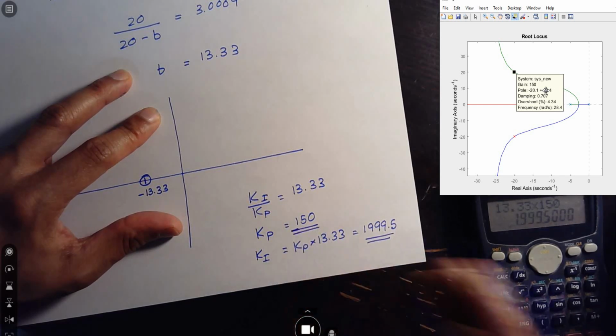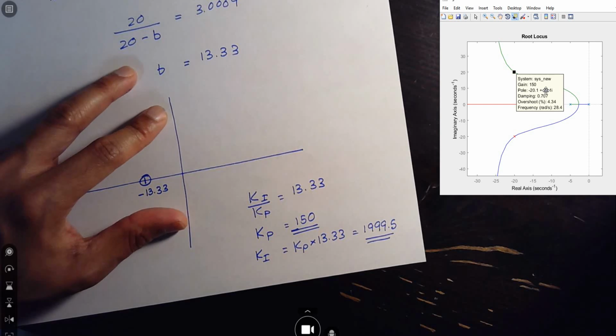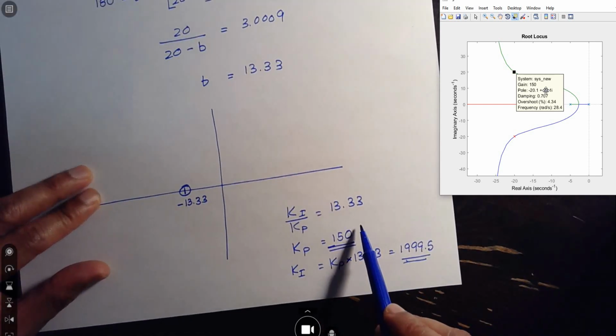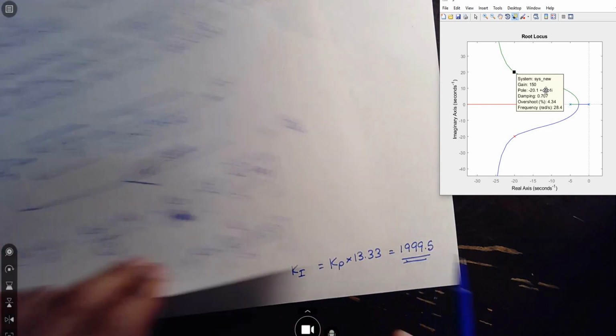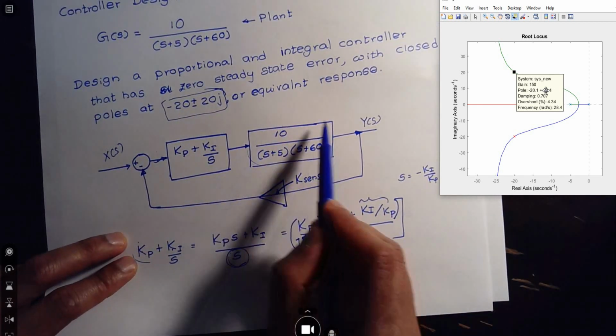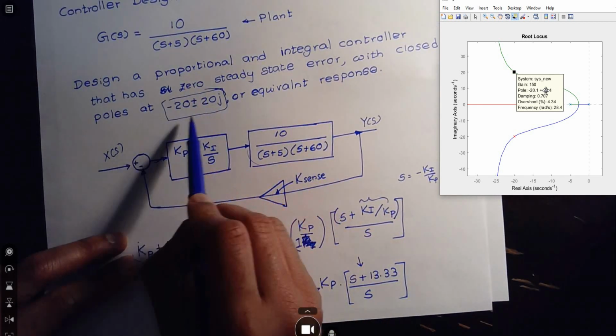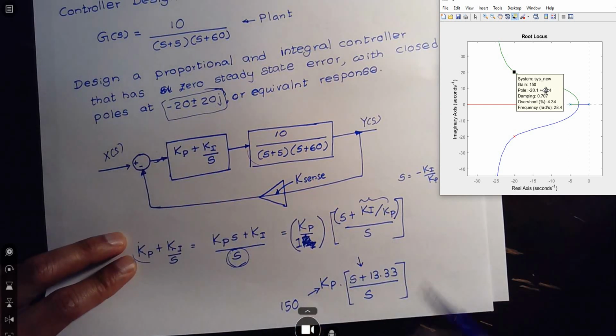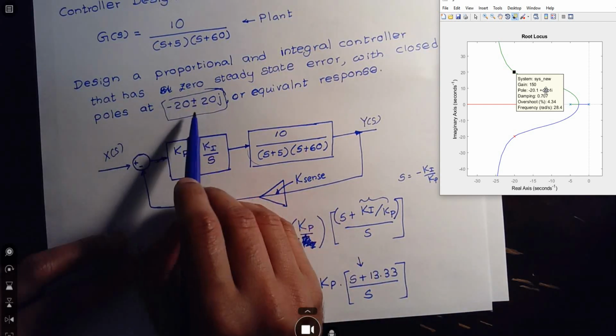There we go. Now we have designed the PI controller that makes this system reach these two pole locations, which gives rise to the desired response, the response that we want, achieved at those two points.